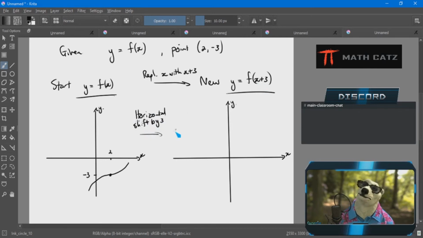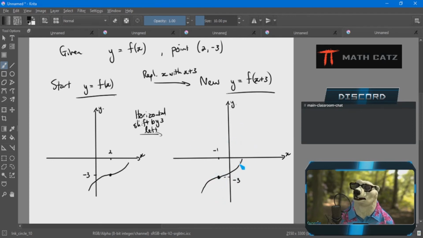And because it's x plus 3, I'm going to go left this time. So instead of the point being (2, -3), 3 units to the left, we'll have it sit at (-1, -3). And this same shape, whatever that was, wobbly, let's try and repeat it, now sits over here.